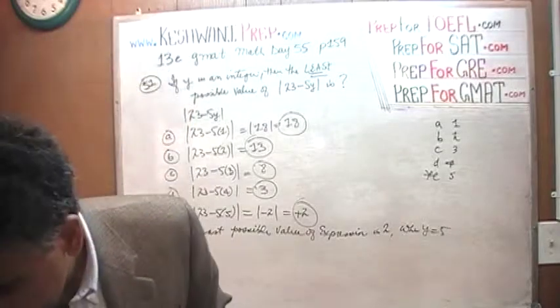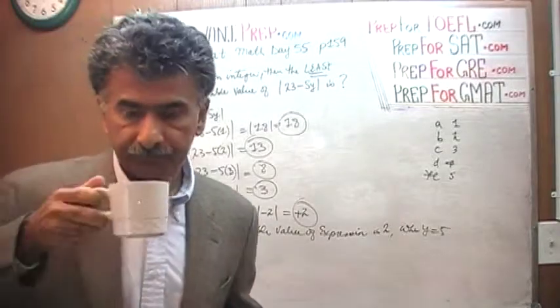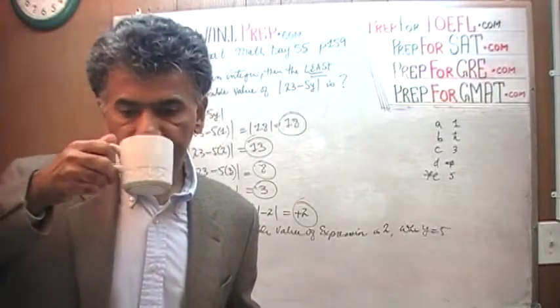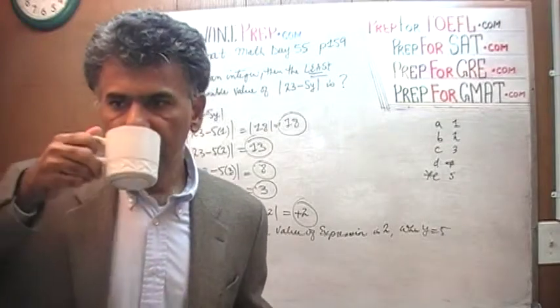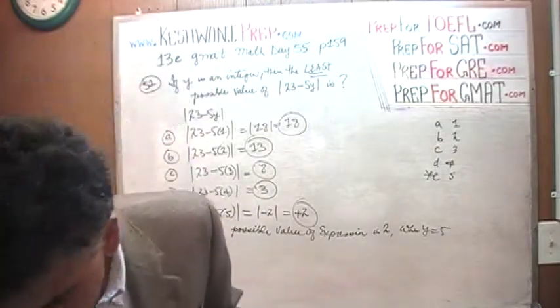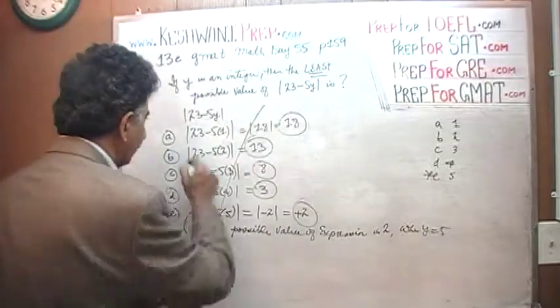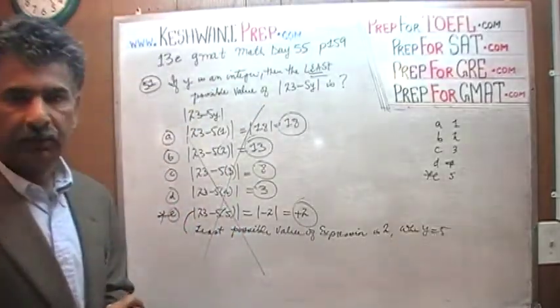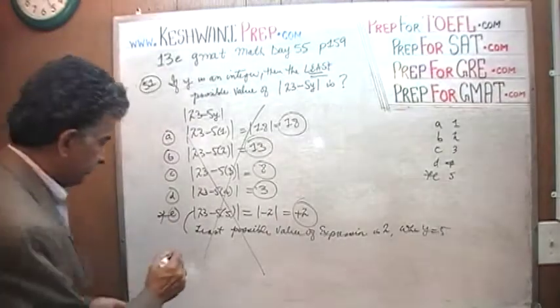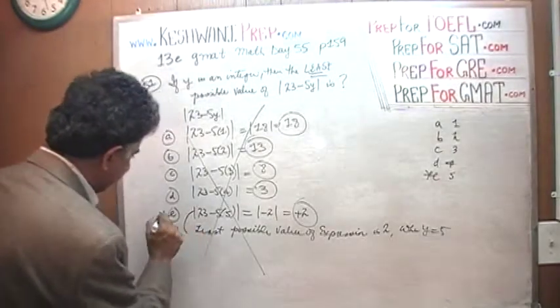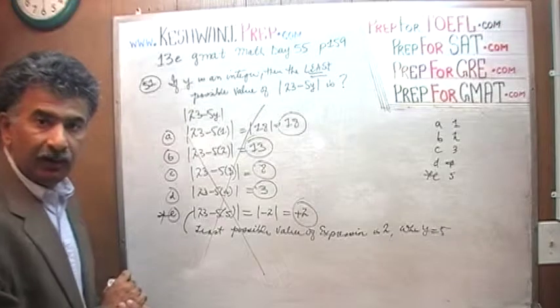Alright? Everything is fine or no? Unfortunately, everything is not fine. This work is all wrong, which is why I put down here. This E would have been the right answer.